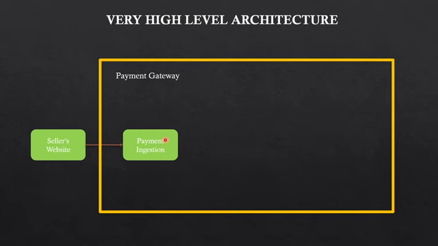So we'll get the payment. What the payment ingestion service will do is ingest the transaction. It will save the transaction in our database. Now to save this transaction, we need a transaction ID generator. What this transaction ID generator will do is create a unique ID which will be associated to this particular payment.